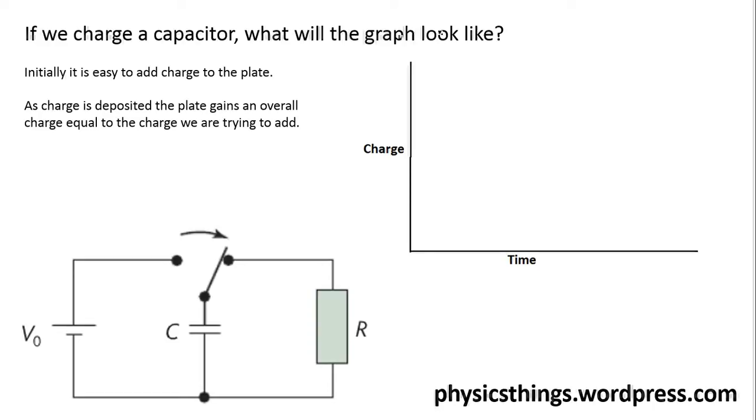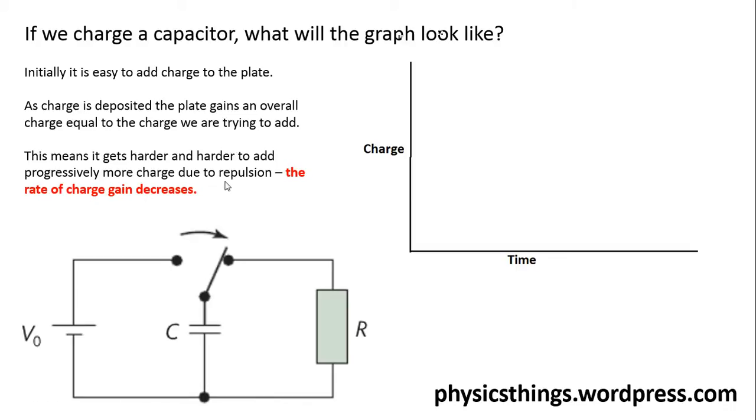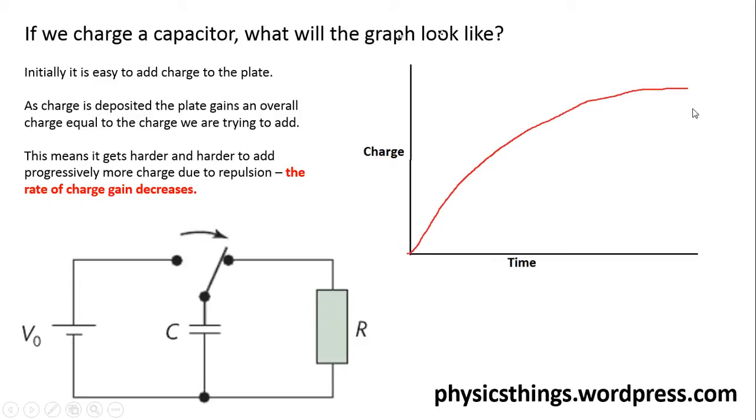And this means that over time it gets steadily harder and harder to deposit more charge on the capacitor. So we start off with a rather quick charge, and then as time goes on, the rate of our charging of the capacitor is going to drop. So our graph is going to look like this.